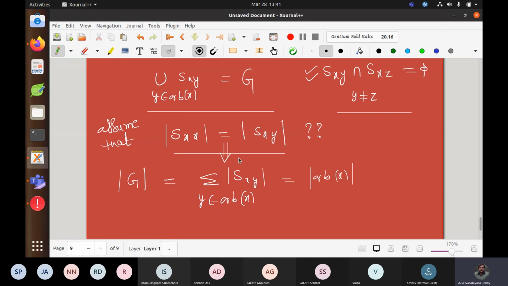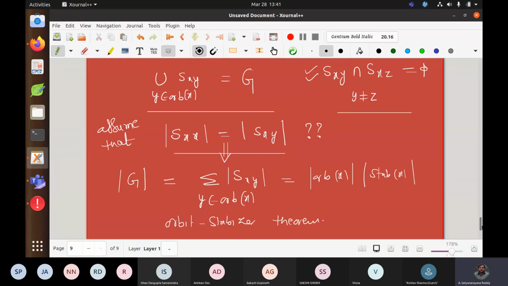I am adding that many times, they are equal. So that is the cardinality of orbit of X times the cardinality of stabilizer of X. So this is what we call the orbit stabilizer theorem.